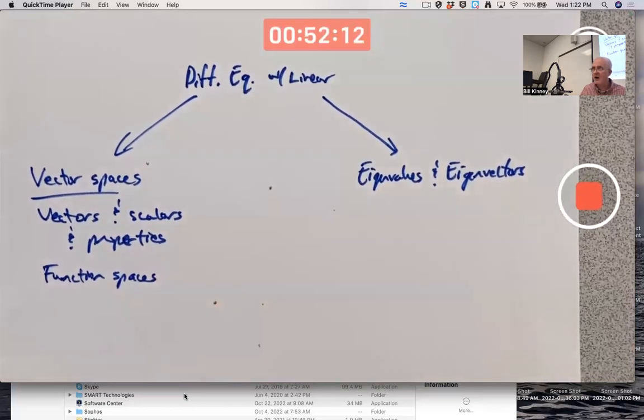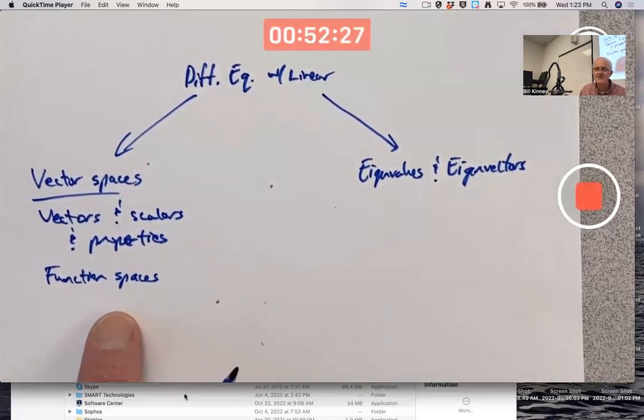Function spaces are vector spaces. Every function space is a vector space, where the vectors, quote unquote, are functions. The individual points in the vector space, the function space, are functions. If t squared is in the vector space, t squared is a point in that vector space. Conceptually, it's an object. It's one single object.